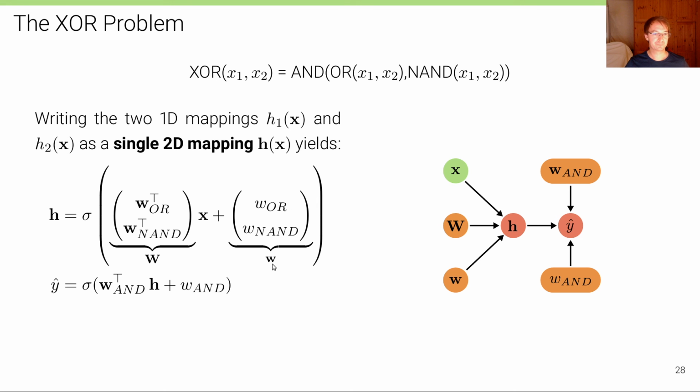Now we have a matrix-vector plus vector operation, and we have an element-wise application of the sigmoid to obtain a two-dimensional vector H. And this is the resulting computation graph here, where we have the input X that feeds to the hidden layer H, and then the output Y hat depends on the hidden layer H.